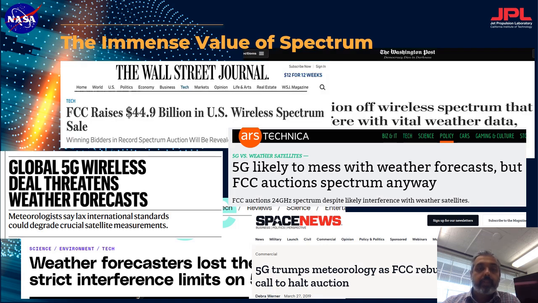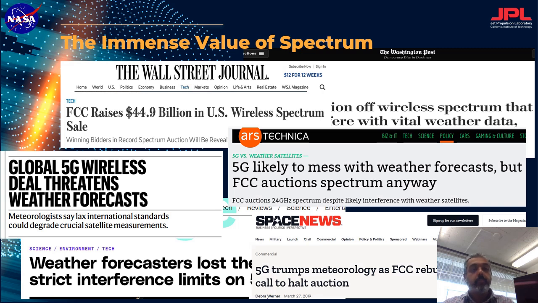So there's a lot of value in spectrum, and again, I want to make sure this isn't us against them. There's obvious need for getting wireless dominance, 5G dominance, but we can't ignore that there's sometimes a penalty to be paid as well, right?